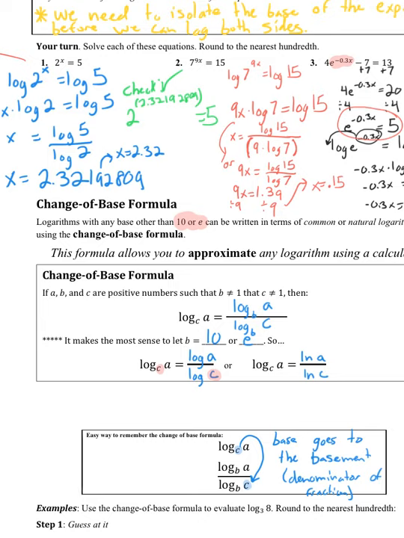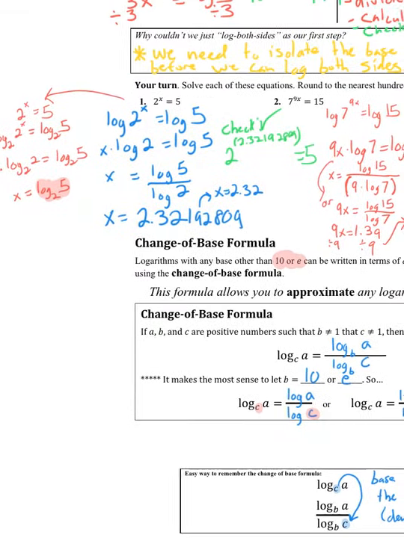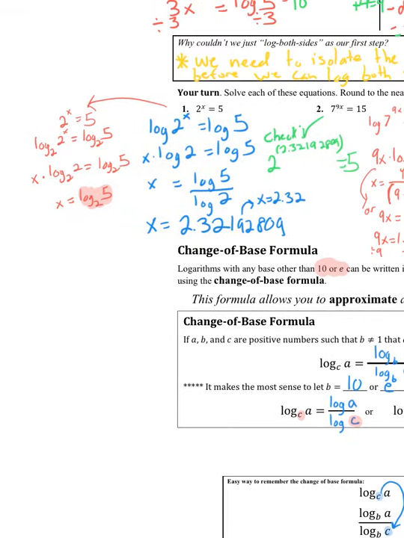All right, so real quick though, what the change of base formula is going to do, I have this log base 2 of 5 here. I'll show you another example in a minute, but I could technically rewrite this log base 2 of 5 as log of 5 over log of 2. Look at that.